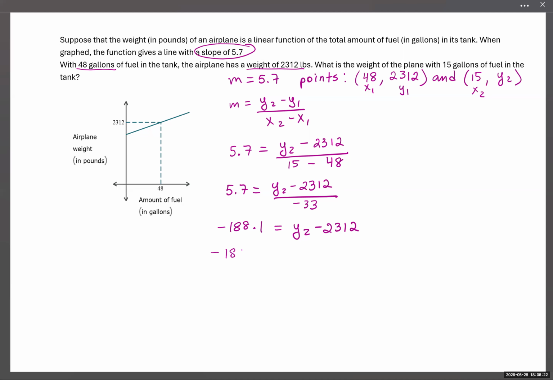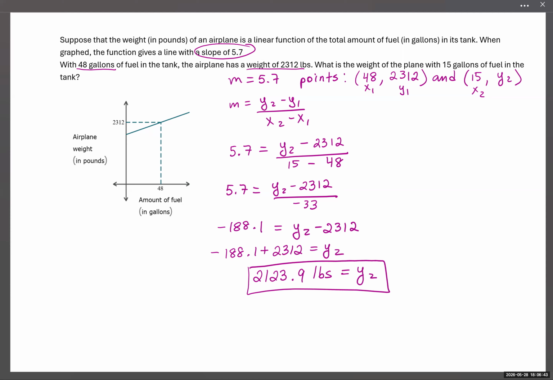So negative 188.1 plus 2312 equals y2. Go ahead and add it together. This is 2,123.9. This is in pounds because it's the weight of an airplane with 15 gallons of fuel.